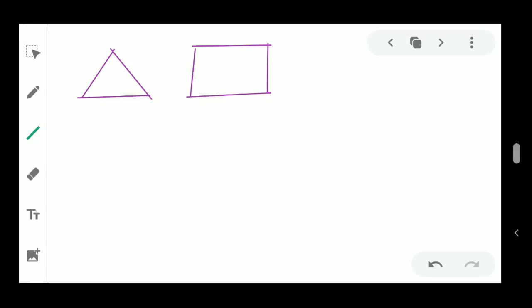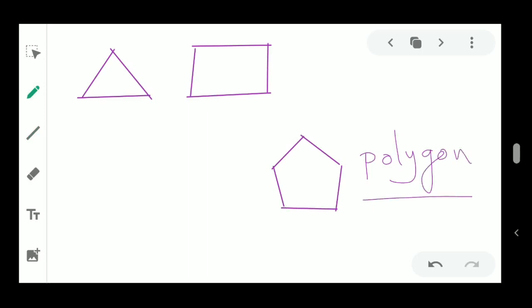But if we have more sides, then whatever we create, we can call it a polygon. So these are called polygons. Polygon means those made with more than 4 sides.